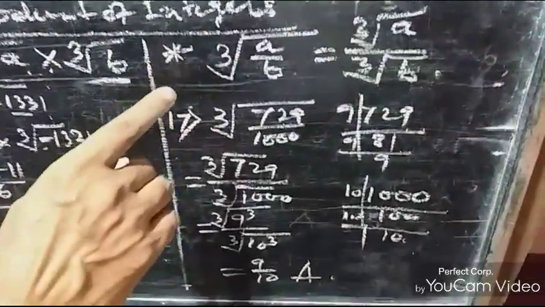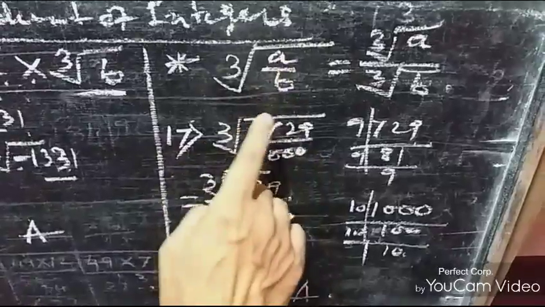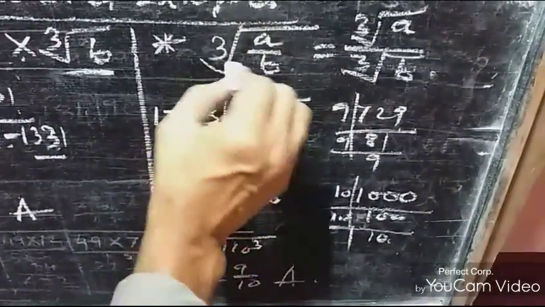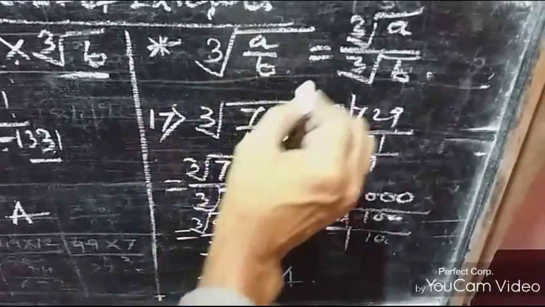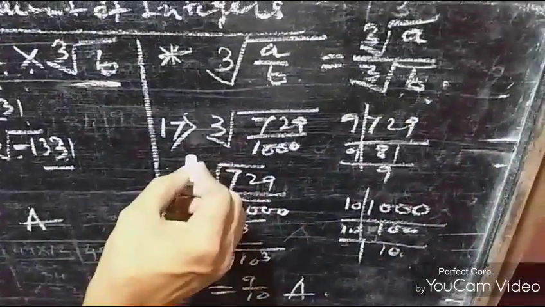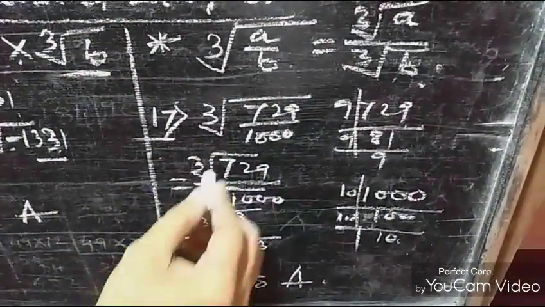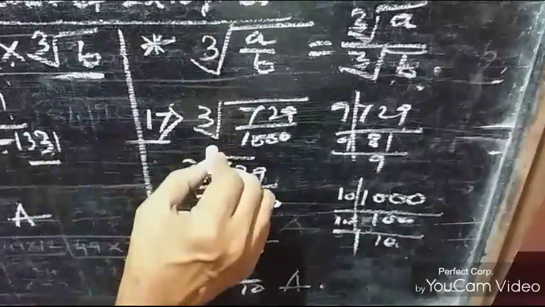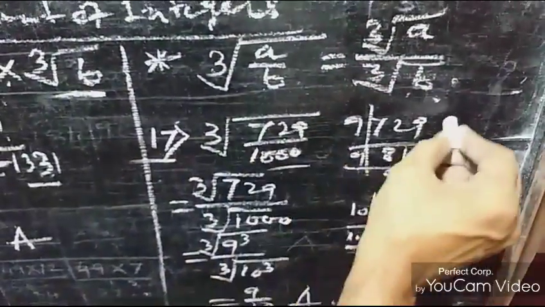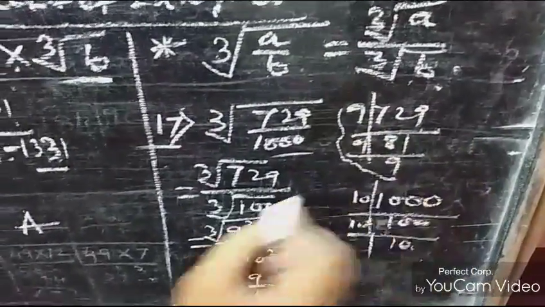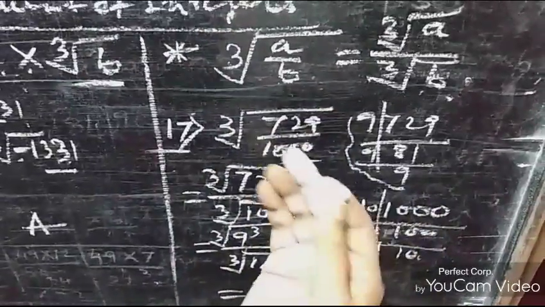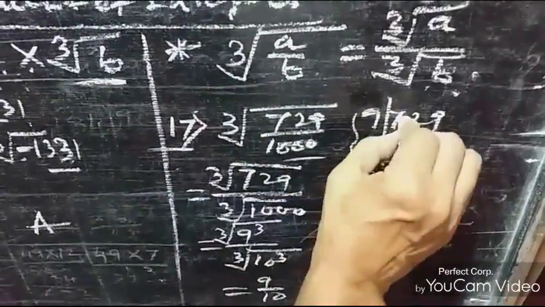Another thing is the cube root of any rational number, or the quotient form of any 2 integers. That is cube root of a by b will be cube root of a divided by cube root of b. Now taking problem number 17, find out the cube root of 729 by 1000. Find the triplets of 729.